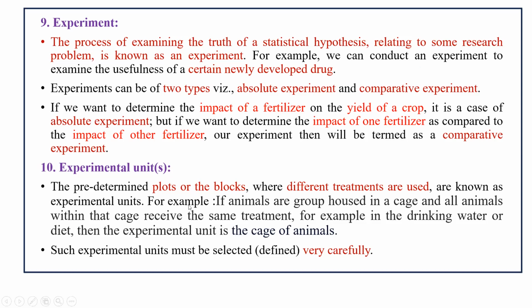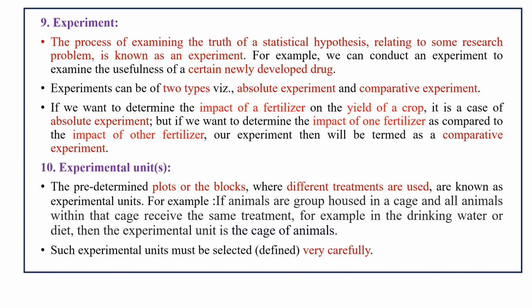Then experimental units. The predetermined plots or blocks where generally the treatments are used, where you are going to give the treatment, those are called experimental units. For example, if animals are group housed in a cage, right? And all animals within that cage receive the same treatment.